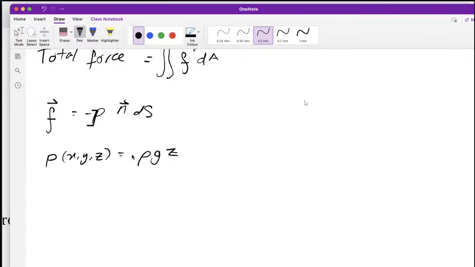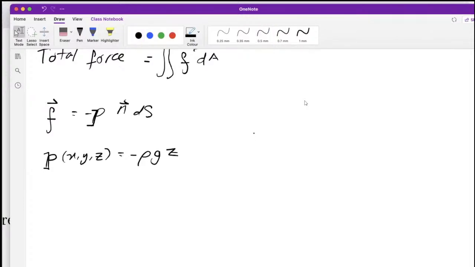So I put a negative sign here so that the larger the negative z, you have the larger positive pressure. So this is where I have to be careful. This is pressure and this is rho, the density of water.